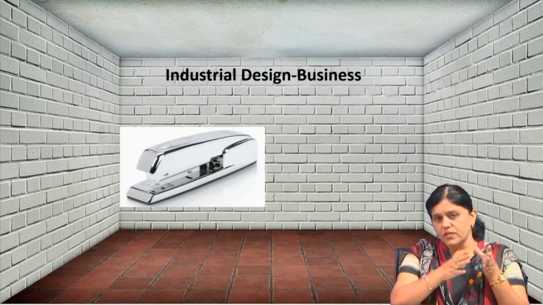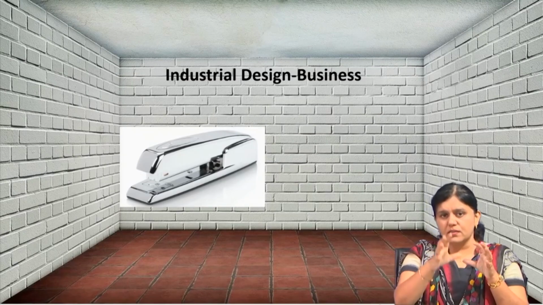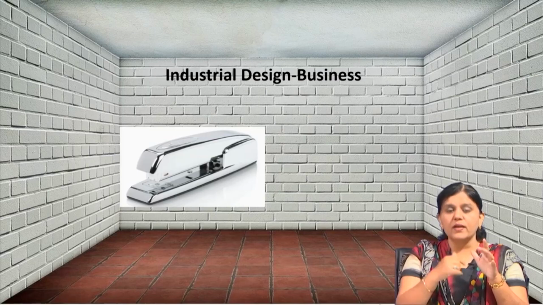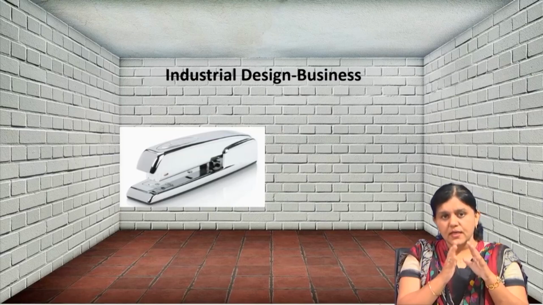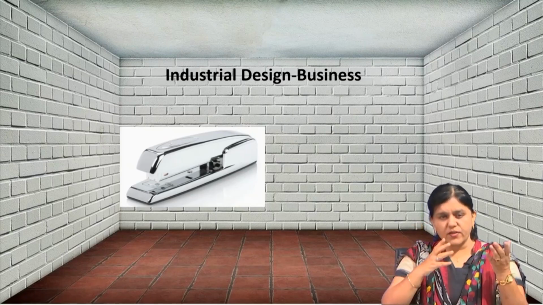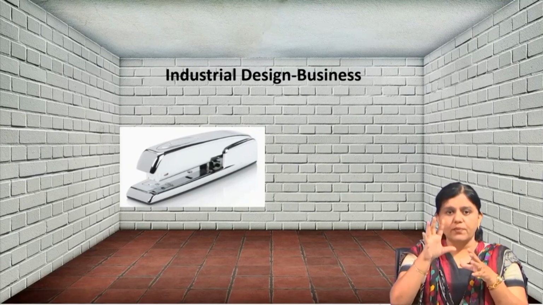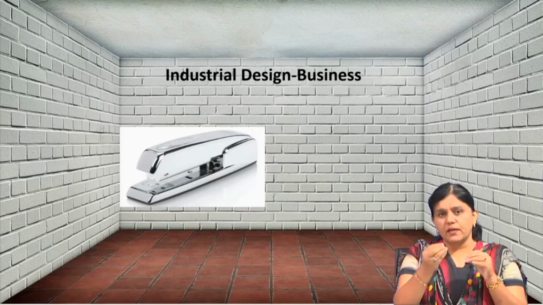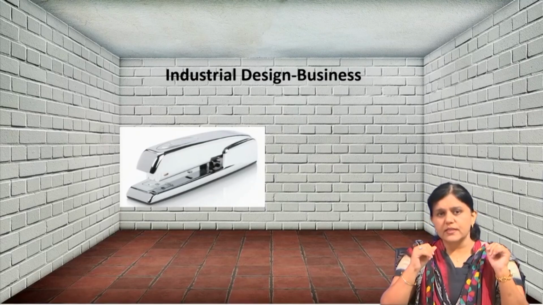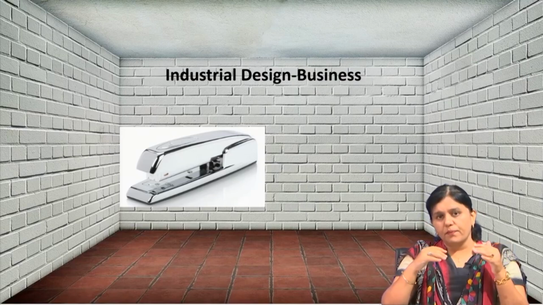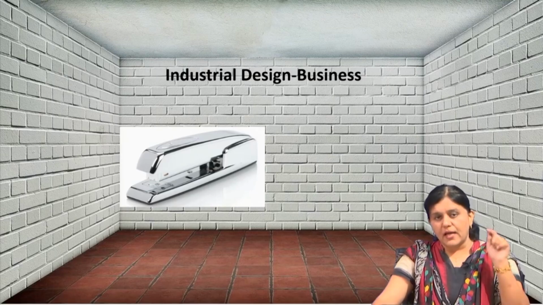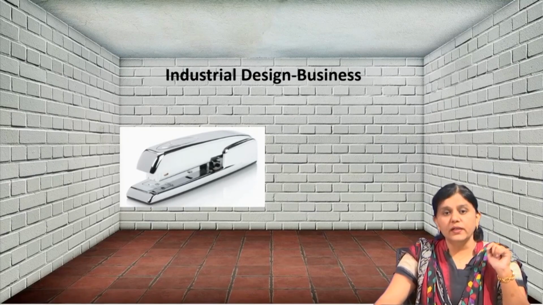So, we have given you these few examples, that this is the design, this is the product, and industrial design is contributing to make a value addition, uniqueness, some distinctive nature, and that particular shape, size, feature is contributed in that product. You are purchasing the product depending on that shape or appearance, and that appearance is because of the industrial design.